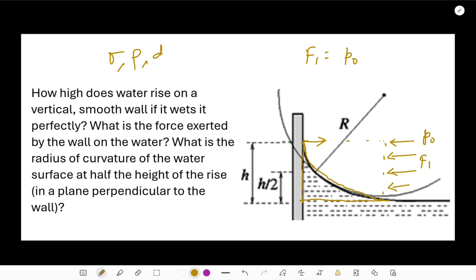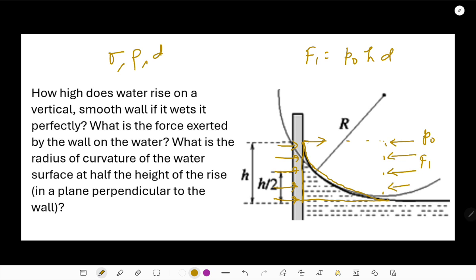So this will be pressure multiplied by area, and the area is going to be H into D. And you can see here, the wall itself is going to apply a pressure force from the left in this manner, in the horizontal direction.